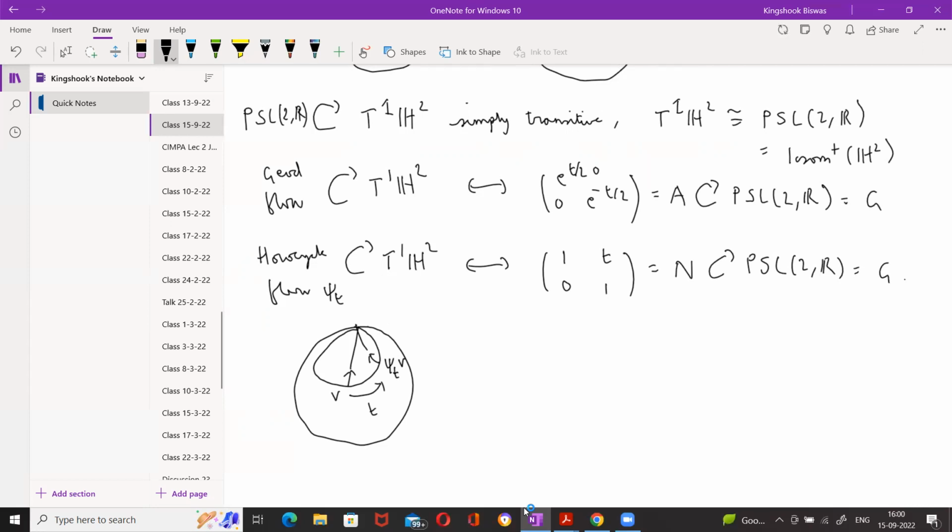These flows commute with the gamma action on the right, and so you can look at the action on the quotient.